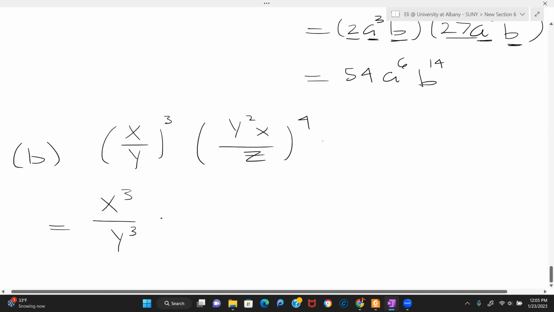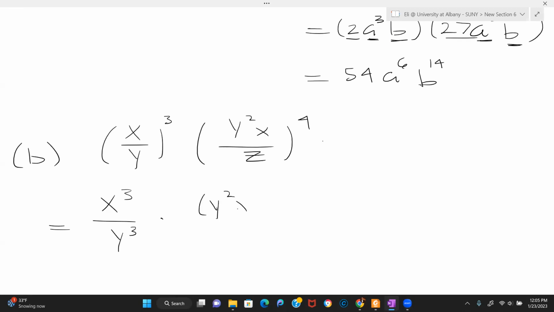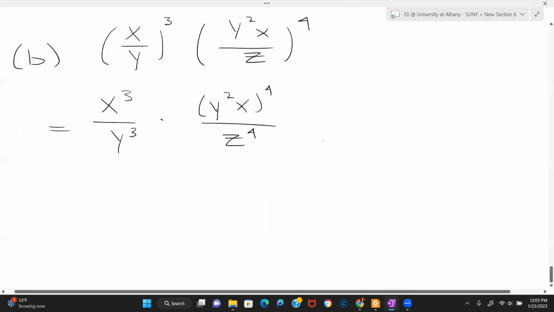Now we're going to simplify the second fraction. So again, I have this fraction to the fourth power, so I just raise the numerator and the denominator to the fourth power. So this would be y squared x to the fourth power over z to the fourth power. And now I can simplify the numerator here.